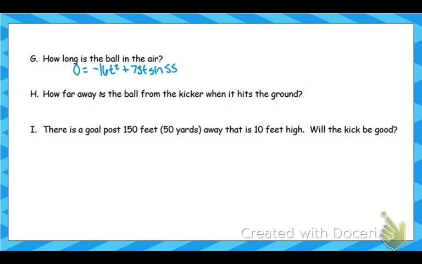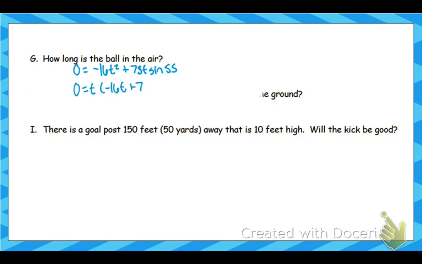In order to solve this, we can factor out that t value. So let me go ahead and erase this. I'm going to factor out the t and set each one equal to 0. So t equals 0 is obviously an answer, but that's not how long it's in the air. That's where we're starting from.